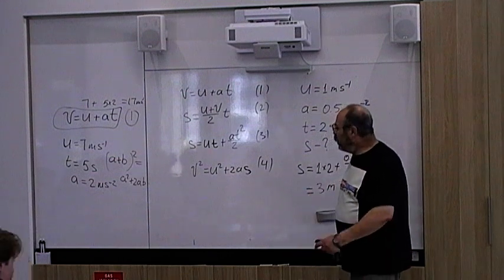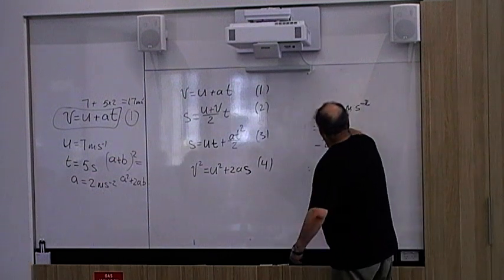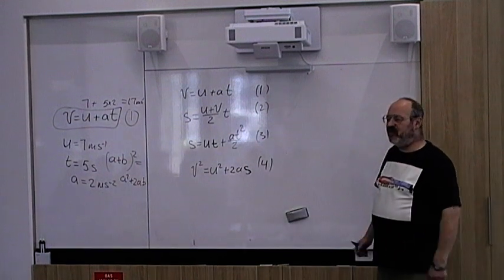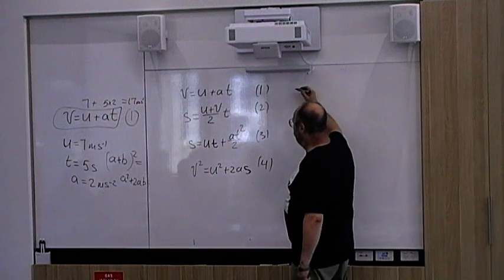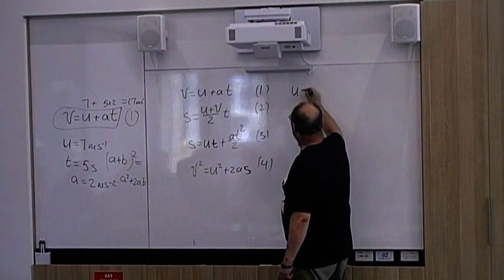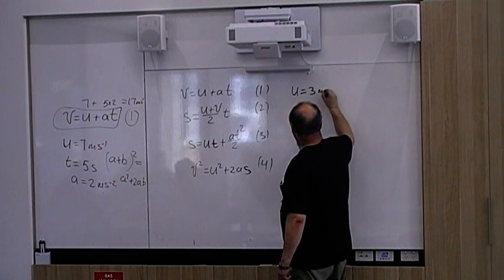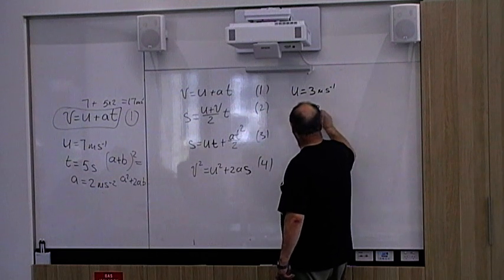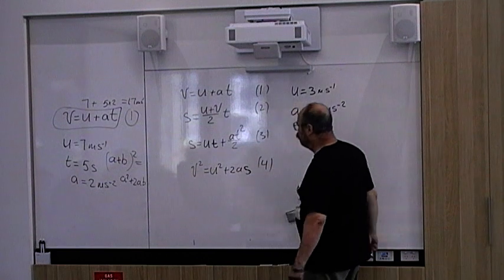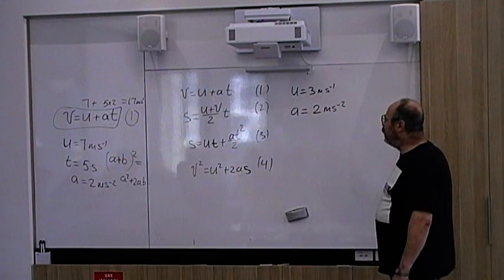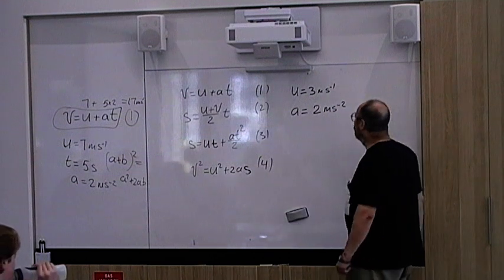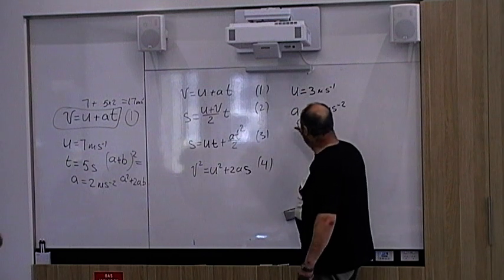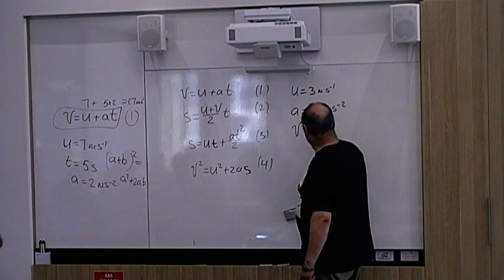Now, another example. If I'm walking with a velocity of 3 meters per second, then accelerate with an acceleration of 2 meters per second squared, and get to a final velocity of 8 meters per second.